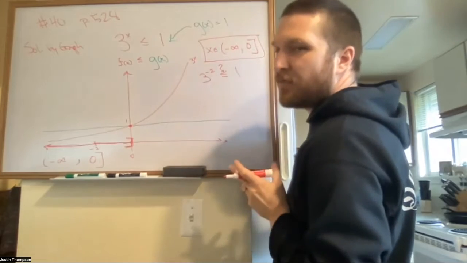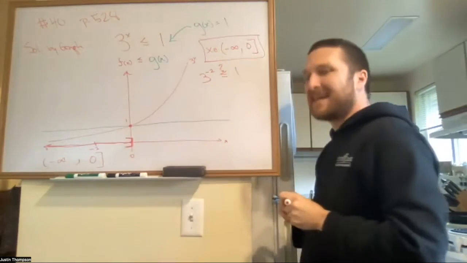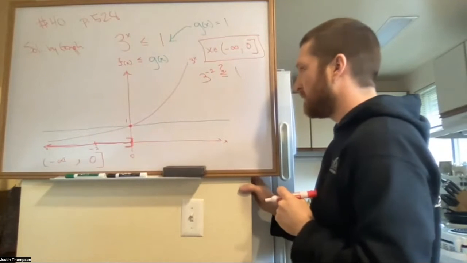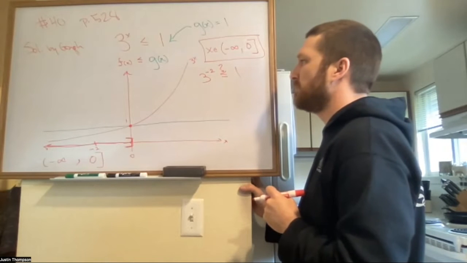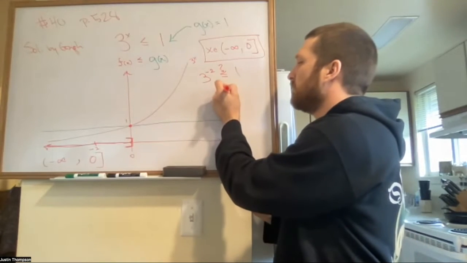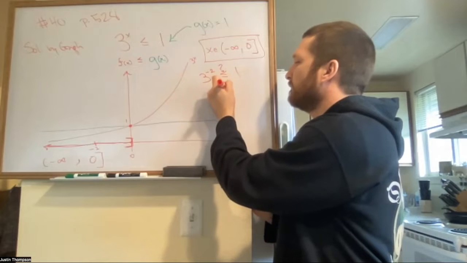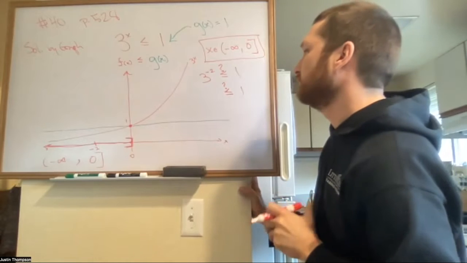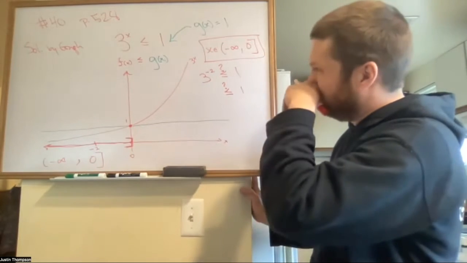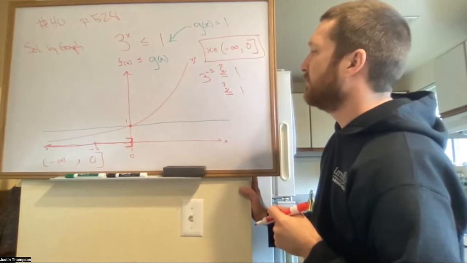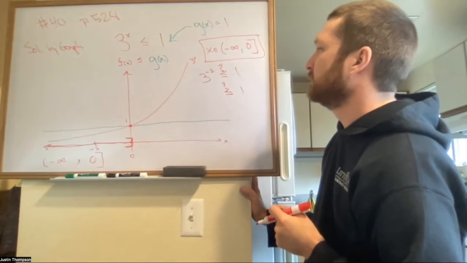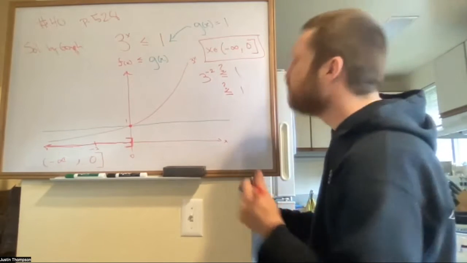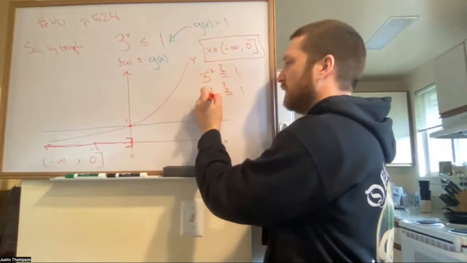How do we rewrite 3 to the -2 without that negative exponent? One over 3 to the 2.